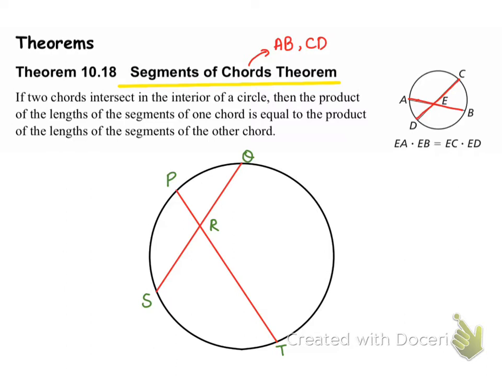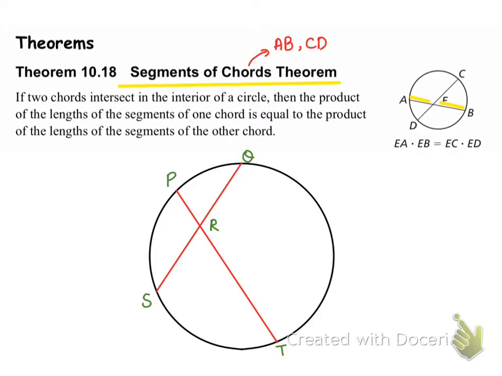And what kind of theorem can we make from it? We can talk about the segments of the chord. So I have to look at the chords and their parts. This is the first part, this is the second part of AB. So you have to write down the names for these two segments.